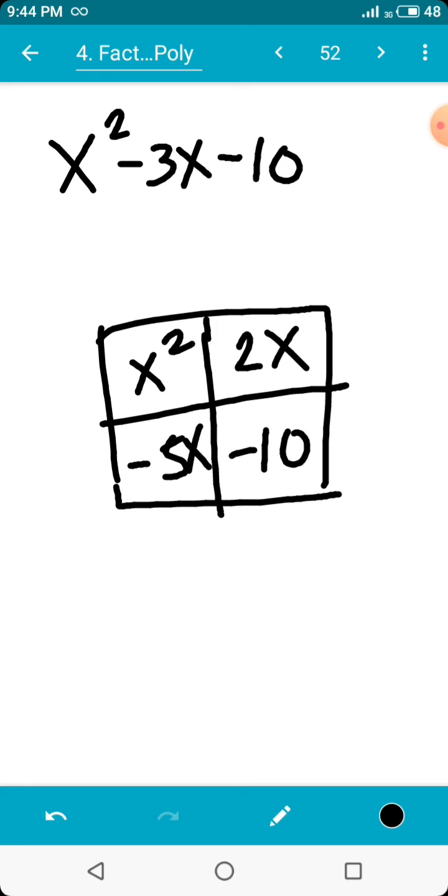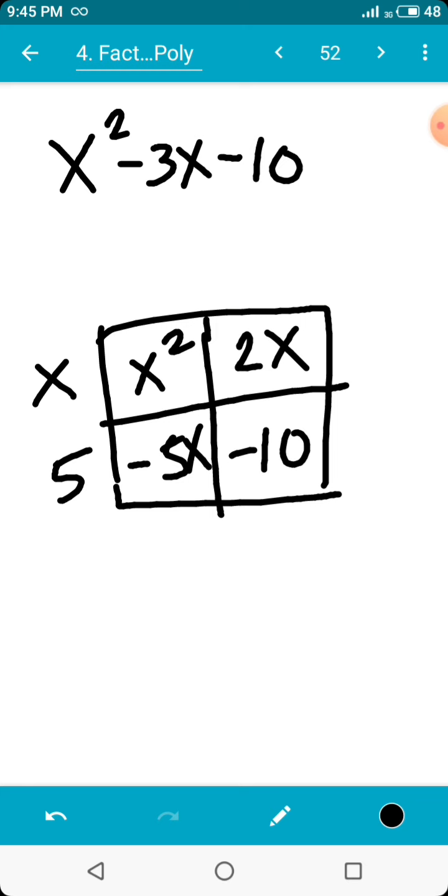Okay? So, ganyan. Ngayon, ang gagawin natin, kunin natin yung common factor ng mga number na to. So, dito, yung x squared tsaka 2x, ang common factor nila ay x. Okay? Now, yung dito naman, ang common factor nila ay 5. Greatest common factor or GCF, guys. Okay? Diba, ang GCF naman ng 5 tsaka 10 ay 5.